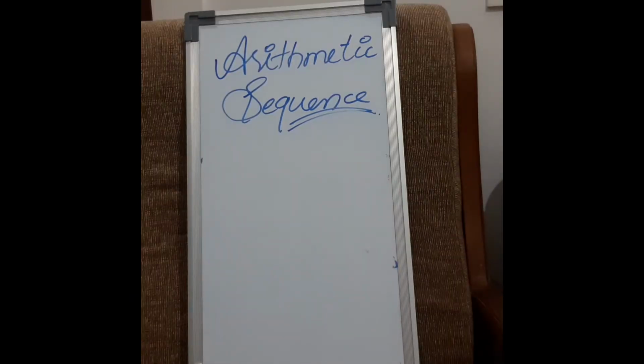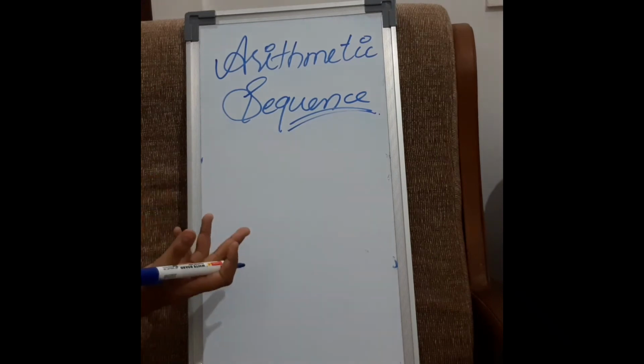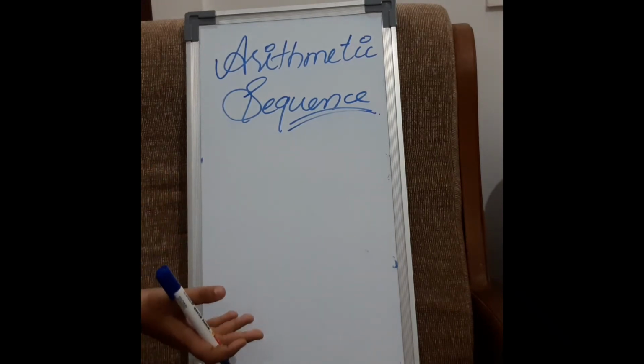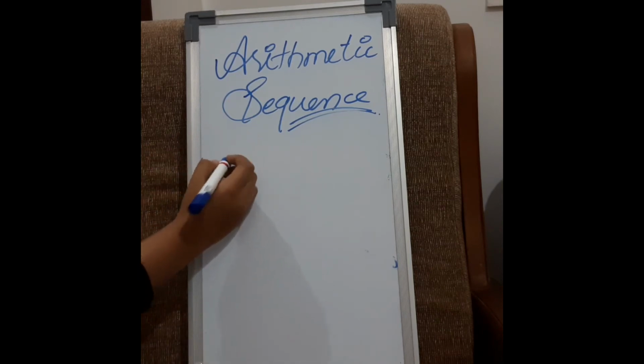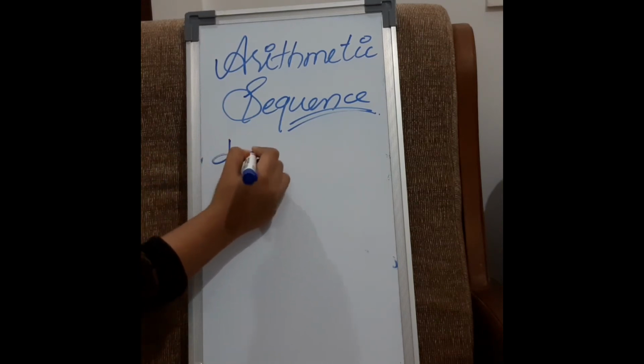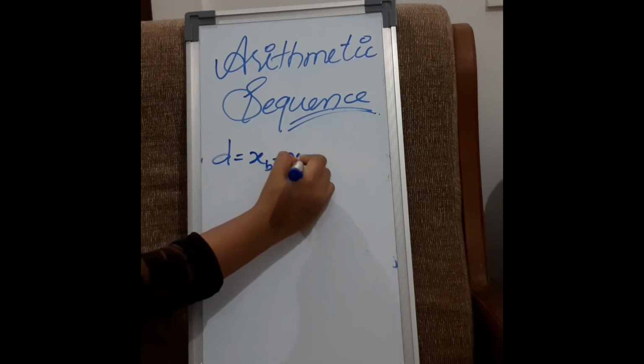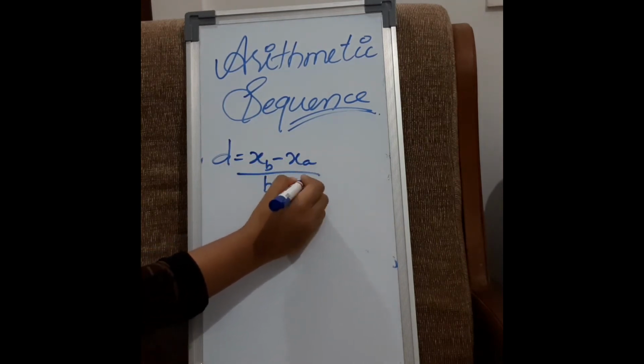So we have learned to find the common difference. We have learned to find the middle term if we know the terms after and before it. Next we have to find the common difference if we know any two terms. So the formula to find the common difference is xb minus xa by b minus a.